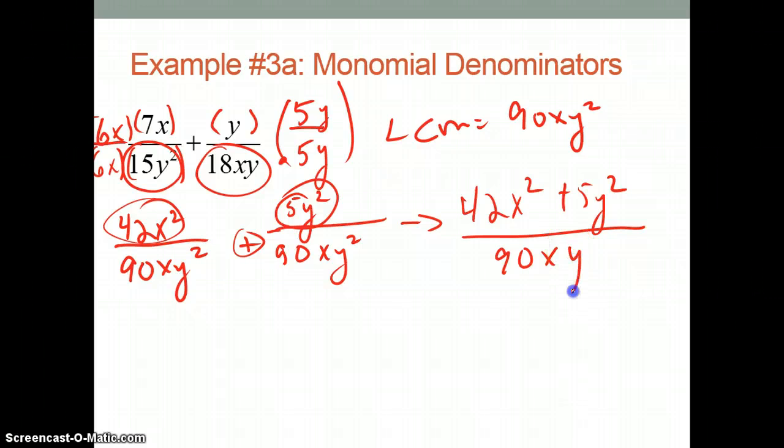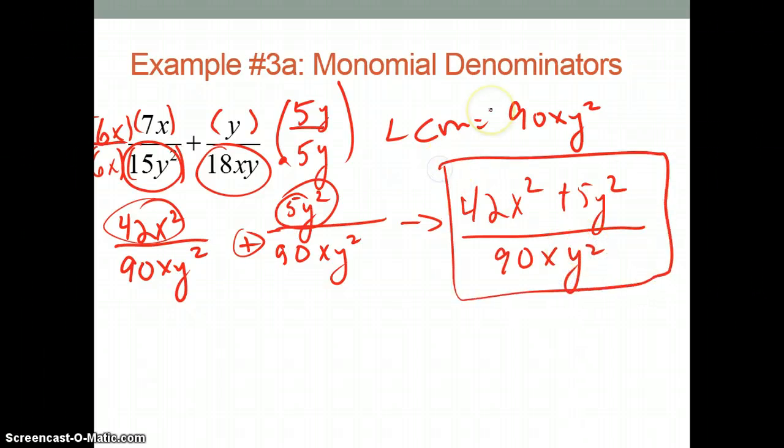And then the bottom stays the same, and we are finished. So we used fraction operations, we used least common multiple to get to this solution. Notice each time we multiplied by 1. Again, a good double check is to multiply these bottoms and make sure that you do get to 90xy squared.